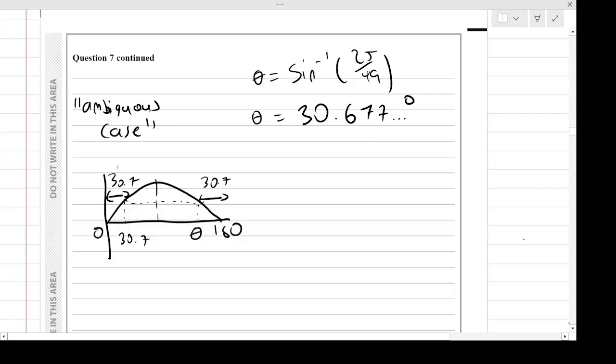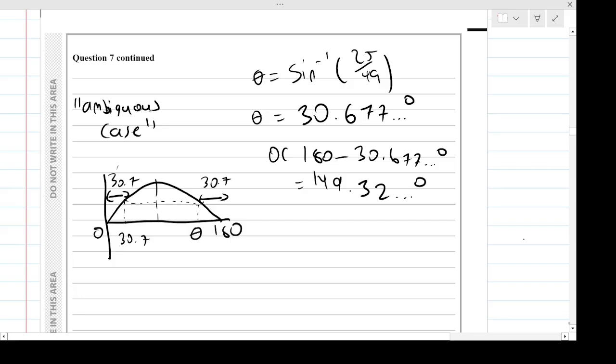So the other solution is 180 take away this 30.677. Okay, so it's kind of like just solving a trig equation, right? If we work that out, 180 take away this answer is 149.32 blah blah blah degrees. That is obtuse. That is my solution.